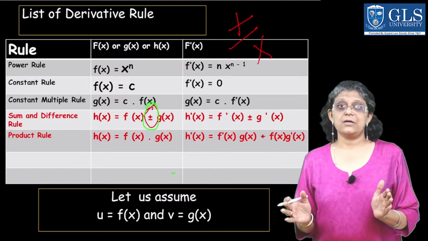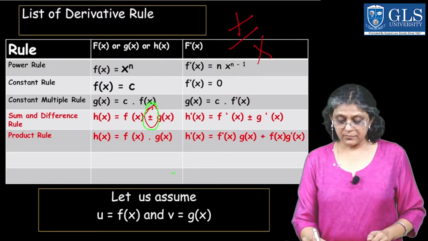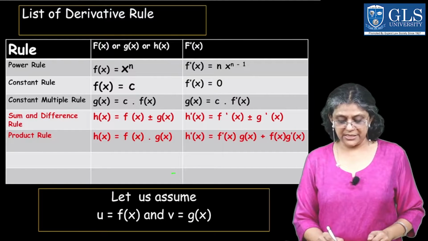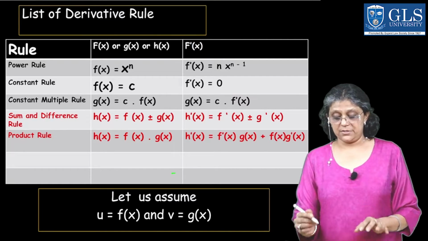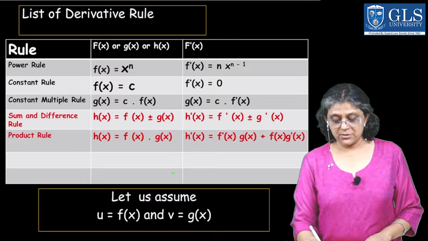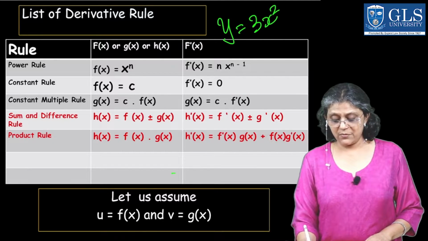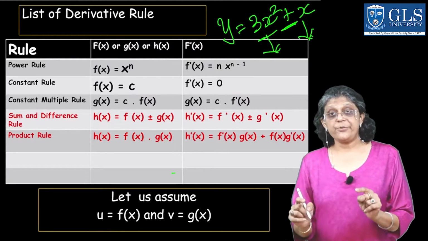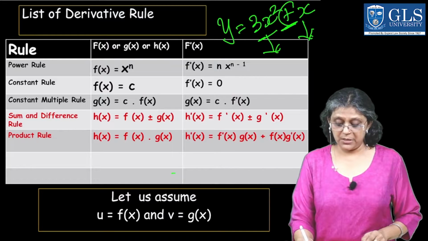The individual derivatives do their work. When I say y is equal to h(x), it is a combination of two terms. Now what do you understand by two terms? Two terms means y is equal to 3x square plus x. This is one term and this is my other term. Which operation is between them? This is a plus sign.